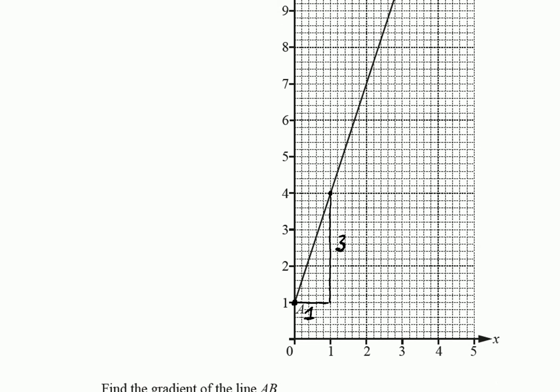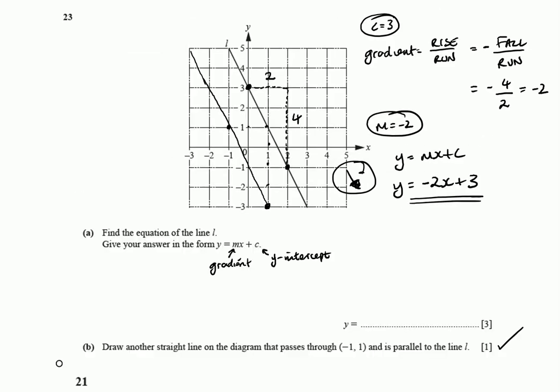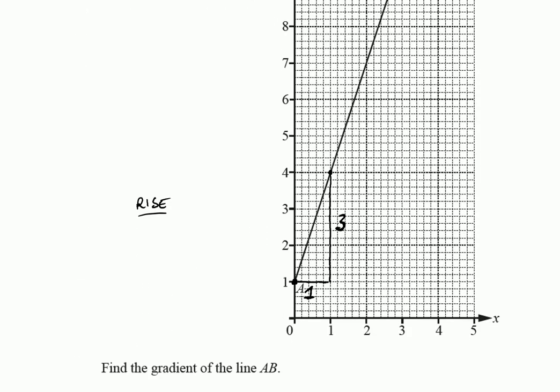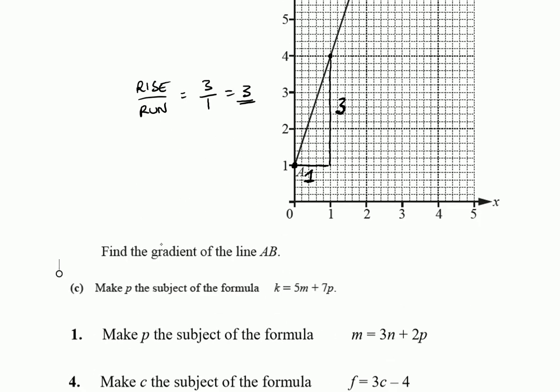So my rise over my run, my gradient, is equal to 3 over 1, which is just 3. And that's my first mark. And that's it for this question.